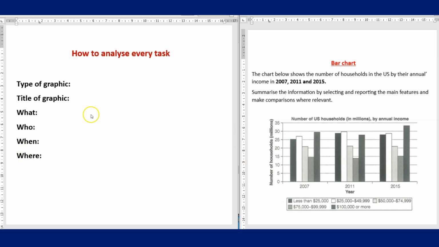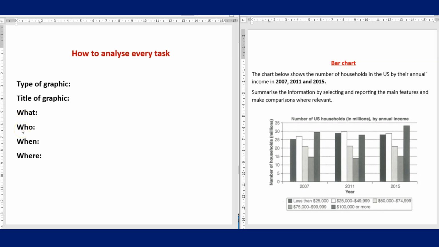So first of all, we are going to ask ourselves, what type of graphic are we looking at? Secondly, what is the title on the graph, if there is any? What is the whole graph talking about?